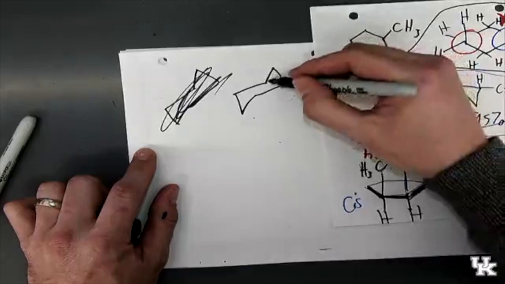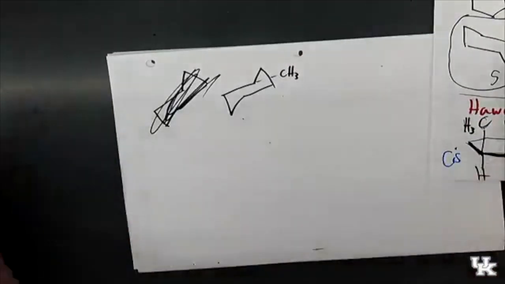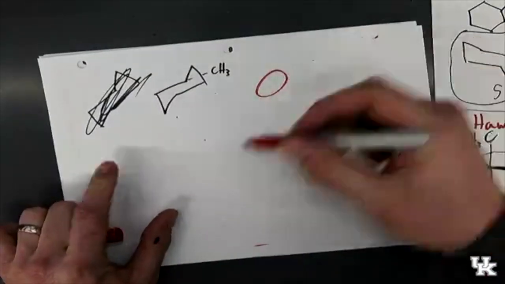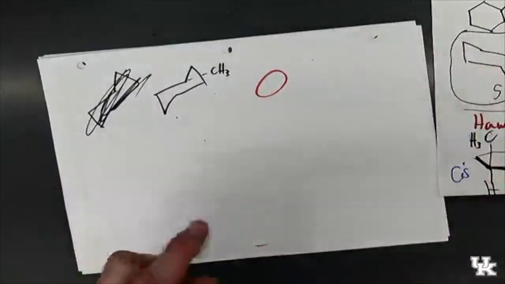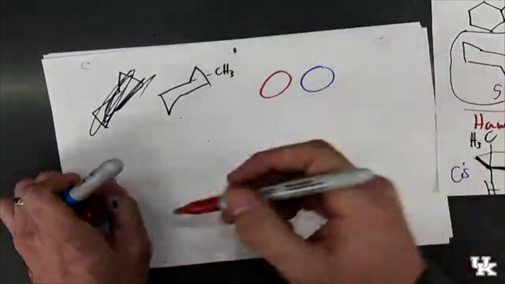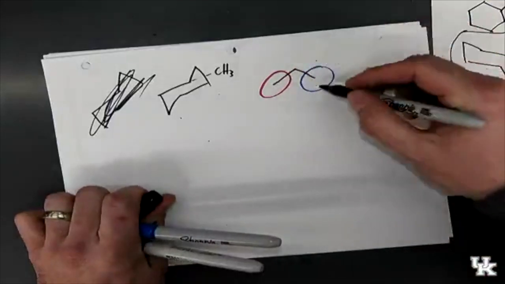There we go. So now this CH3 equatorial, and I'll just redraw the Newman projection. There we are. Red for the left side, blue for the right side. Now we have these guys that come out.